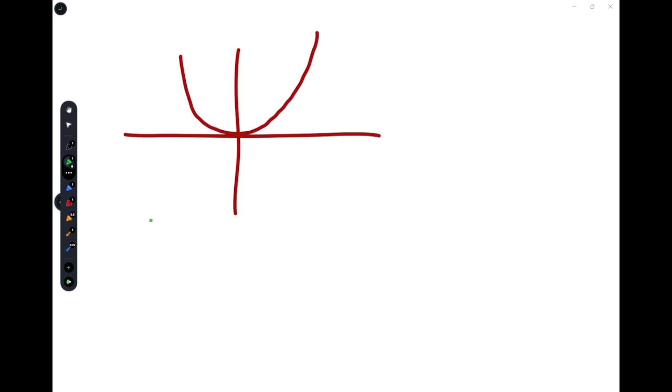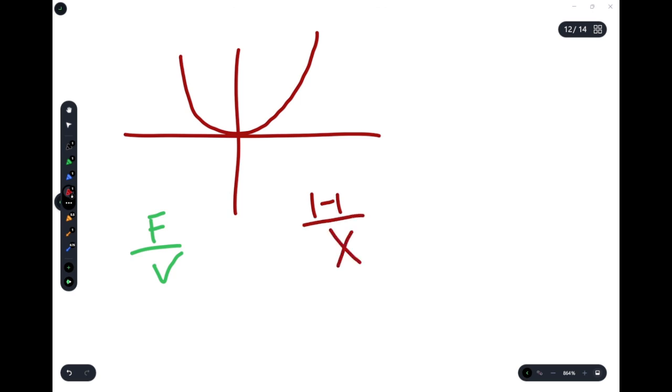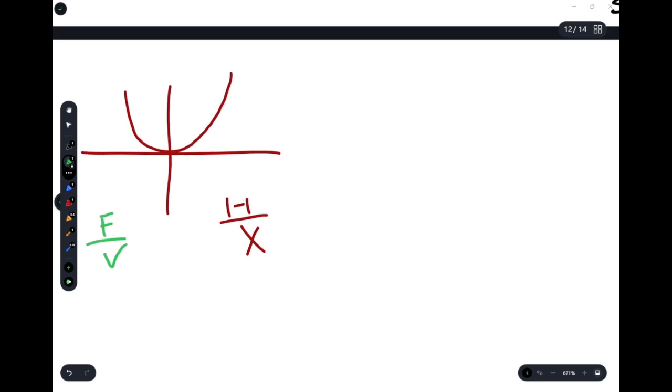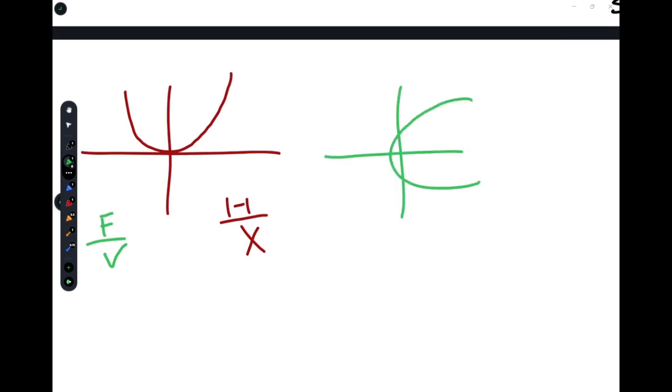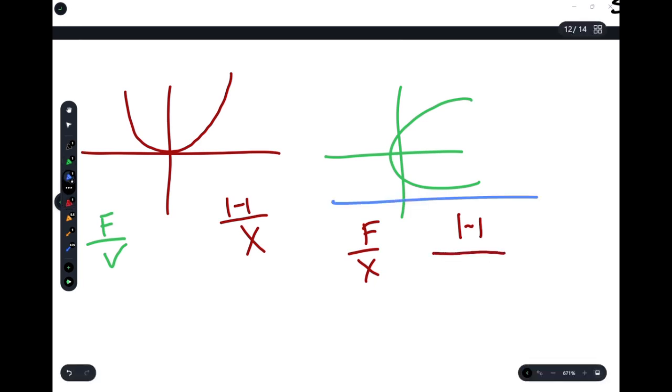Function or no? One-to-one or not? Cool. Good job.